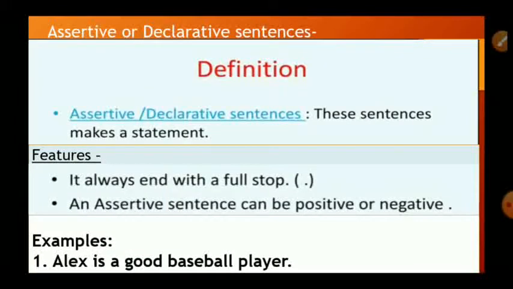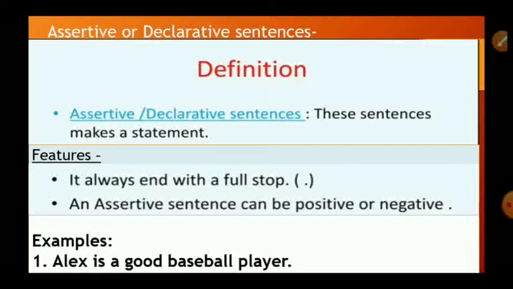First is assertive or declarative sentence. These sentences make a statement. So we can say that a sentence that states or declares something is called an assertive or declarative sentence. There are some features of assertive or declarative sentences.